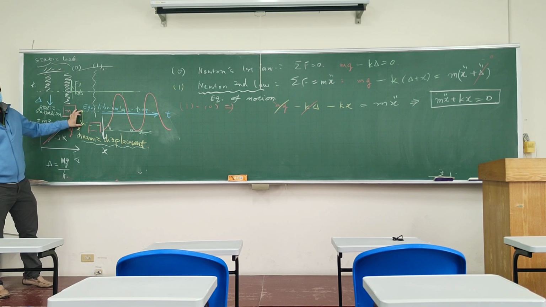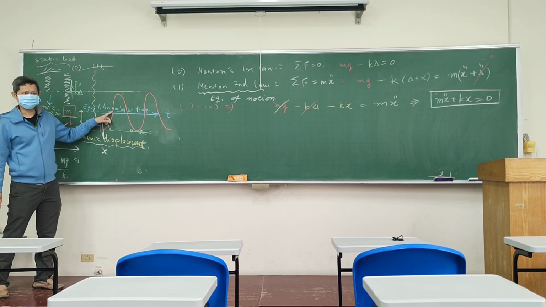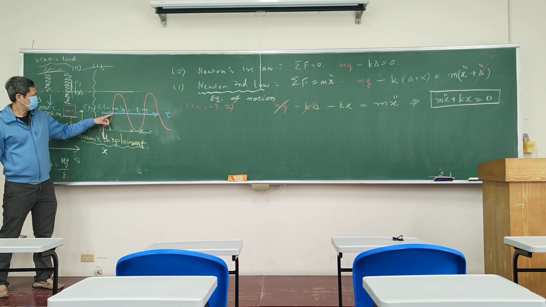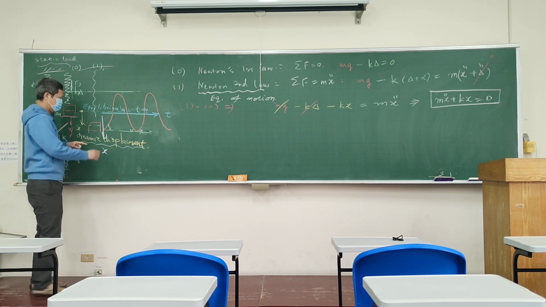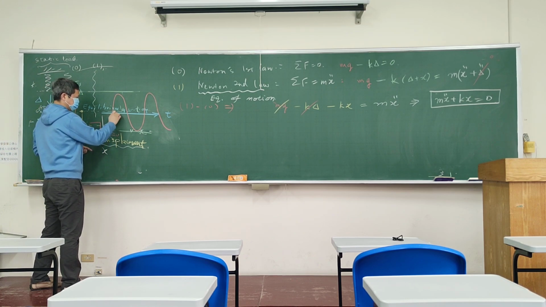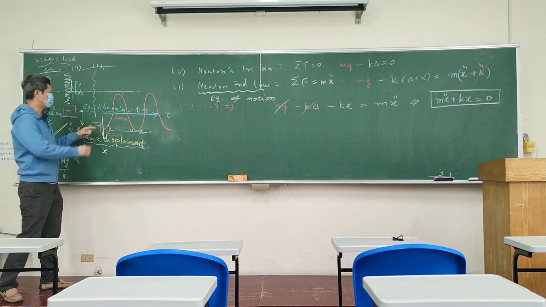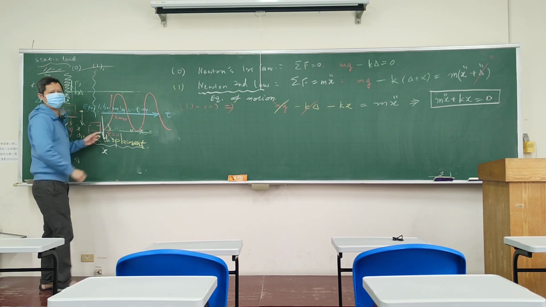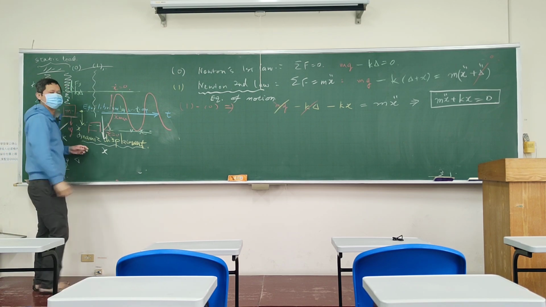Of course you can say this spring is overstretched. It's beyond the equilibrium position, so it will recoil back. And once it has reached the equilibrium position, why does it keep going? Because at this point velocity is 0, but at this point velocity is maximum. So this velocity will keep it going on to the top until the velocity becomes 0 again.